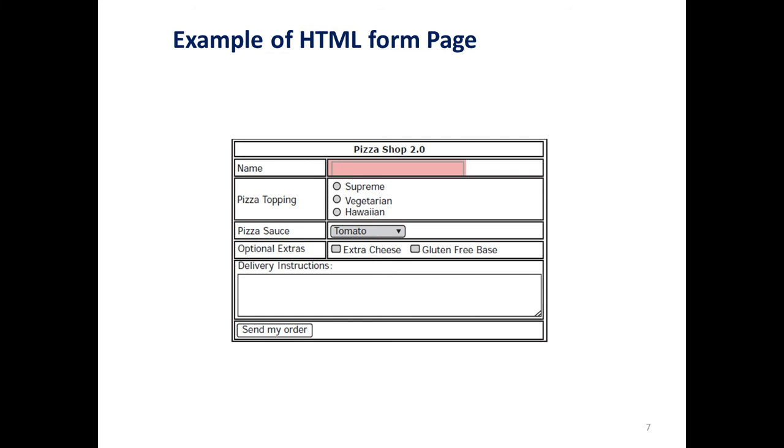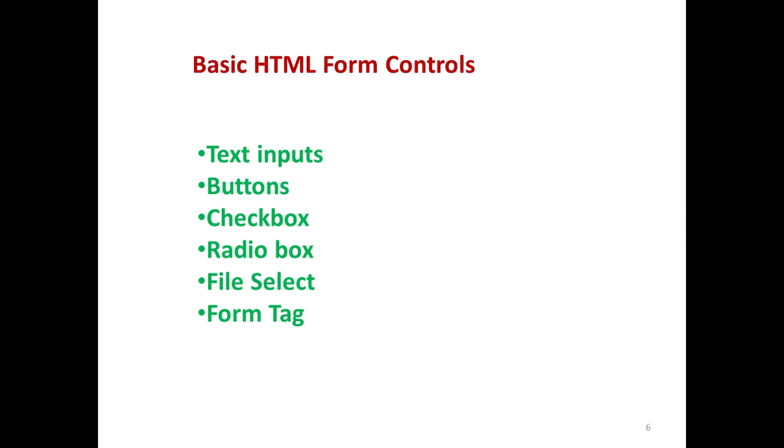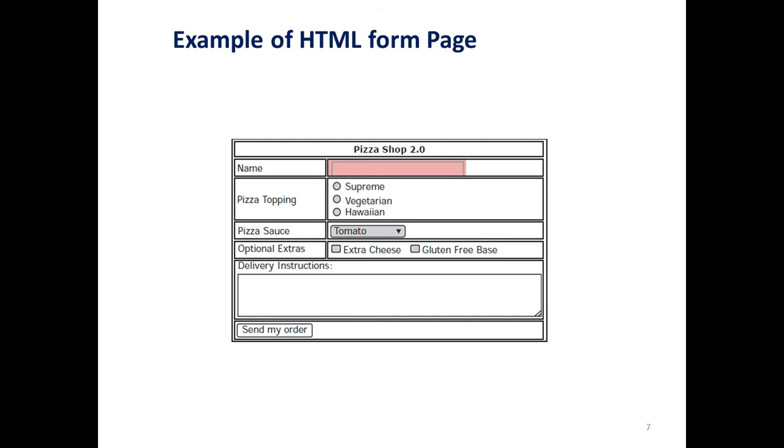Examples of an HTML form page you see with these controls: text box, button, checkbox, radio box, file select, form tag. Here you see name in a text box. The pizza topic is a radio button, the tomato is a checkbox, and there is a drop down combo box.